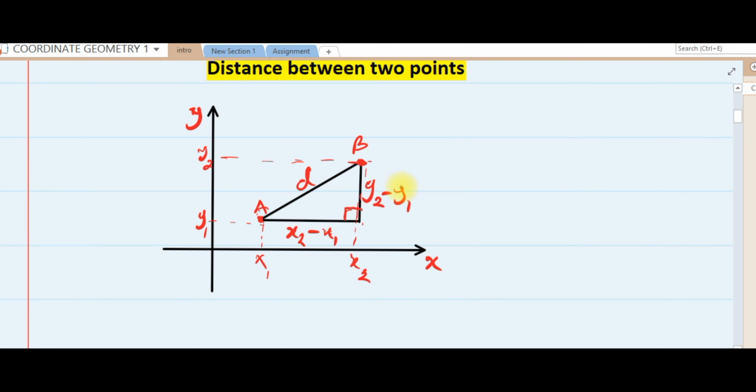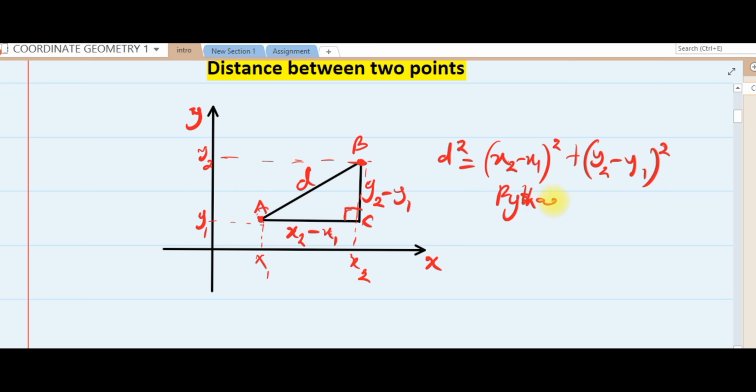So from Pythagorean theorem, which states that for a right triangle, the sum of the squares of the legs equals the square of the hypotenuse. So I'm saying that D squared equals x2 minus x1 squared plus y2 minus y1 squared by Pythagorean theorem.